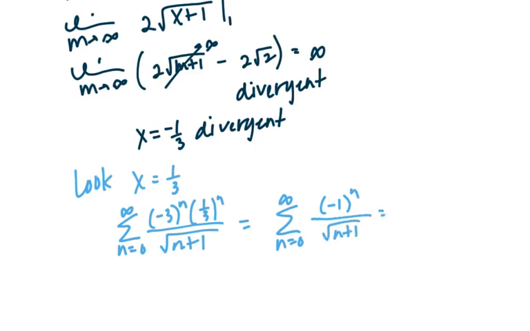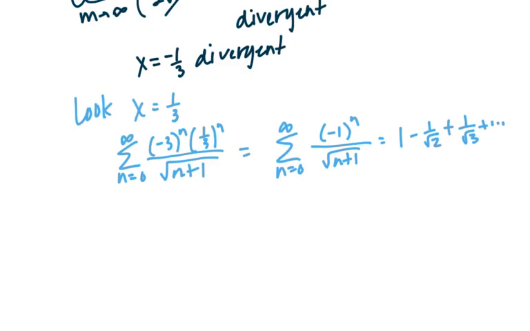So if we put in 0, we have 1. If we put in 1, we have negative 1 over the square root of 2. 2 would give us positive 1 over the square root of 3. So we have an alternating series here. Well, we tend to write plus ... And I didn't want to do any more, so we'll do that.